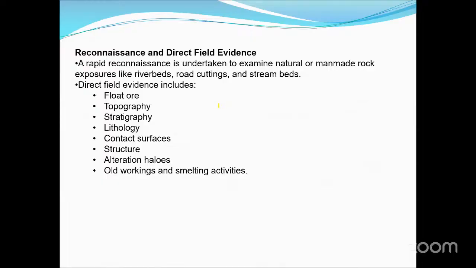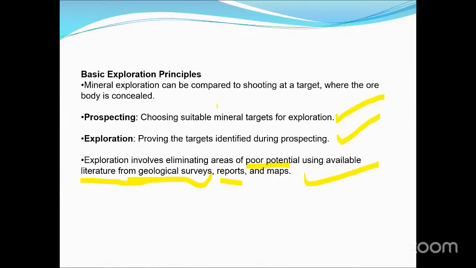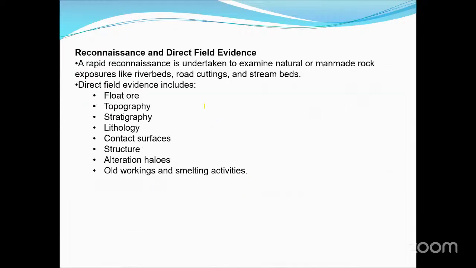Next, in mineral exploration or prospecting, first we go for the reconnaissance survey and direct field evidence, that is, the primary survey and direct field evidence. We go for field work or field data collection.